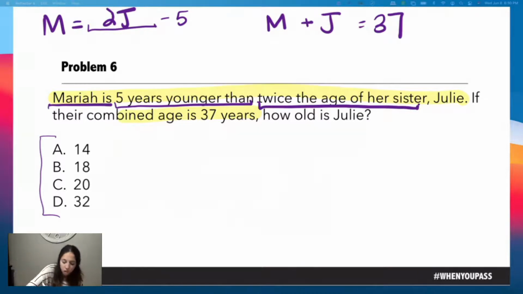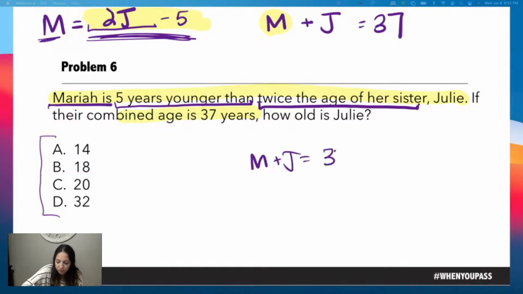Now, all I have to do is substitute this for M. So because these two things equal each other, I can do m plus j equals 37. And then I can replace the m with 2j minus 5 plus j equals 37. And now I can solve it.